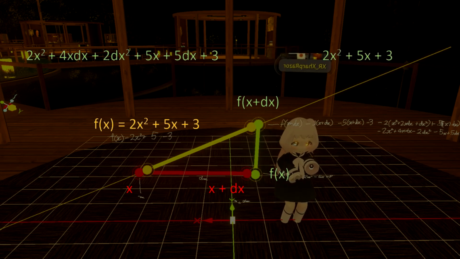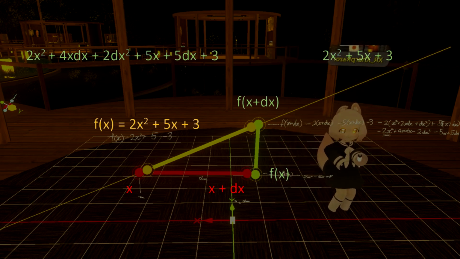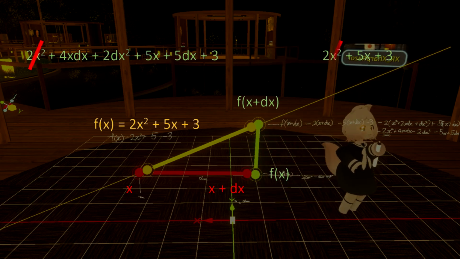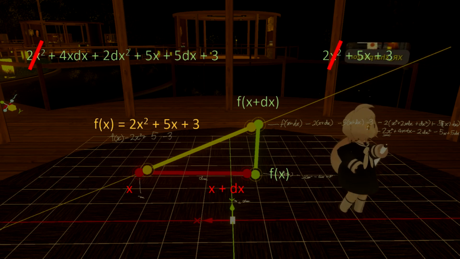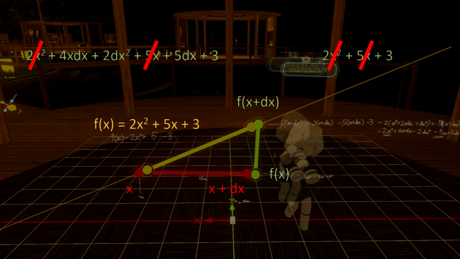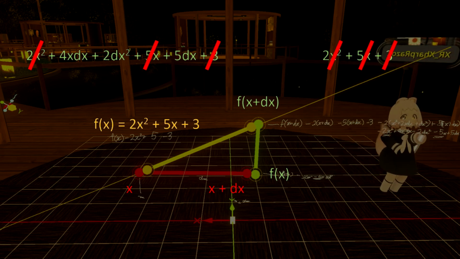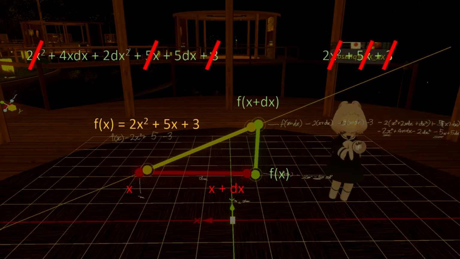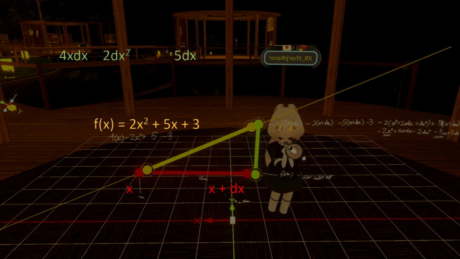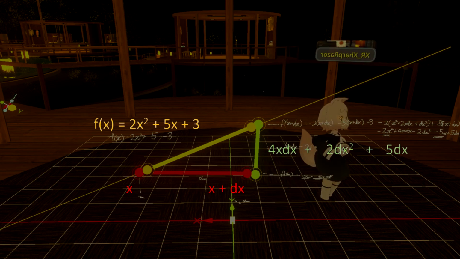The 2x squared is taken care of, and 5x is also gone, and plus 3 is also gone. So what is left in the middle is 4x dx plus 2 dx squared plus 5 dx.